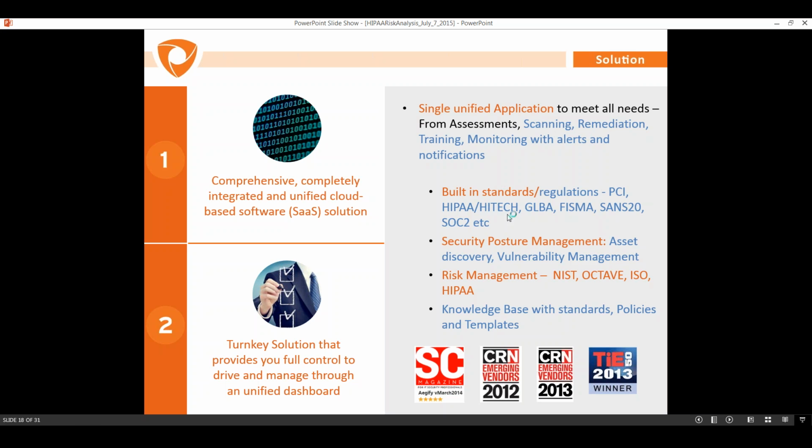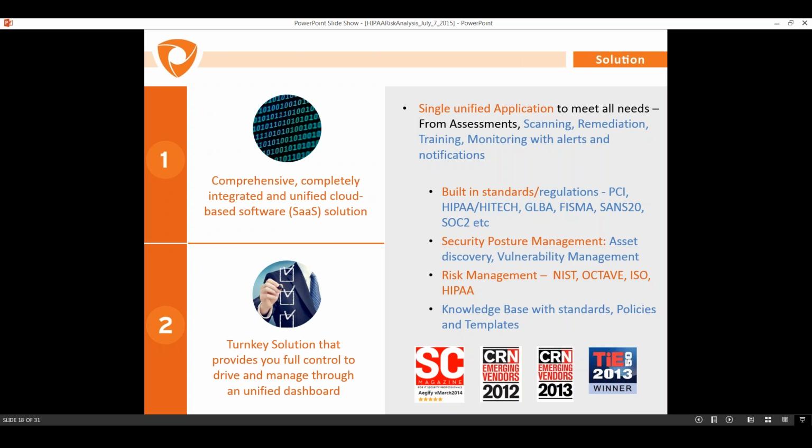It's got a security assessment tool. There's a security scanning solution built in. There's a complete risk management framework that's available, and it comes pre-packaged with a knowledge base with standards, policies, and templates. So it's a very unique solution in the market that looks at security holistically by combining all these different elements that are needed to make sure that you're secure and compliant and are able to stay on top of any risk exposure.